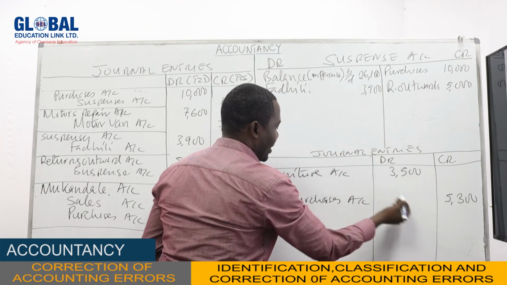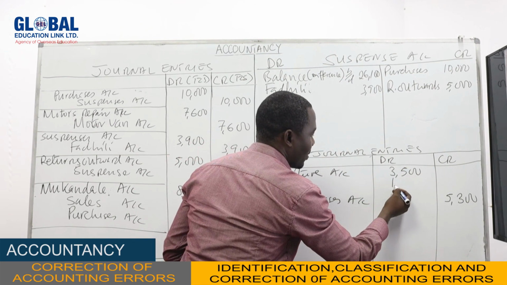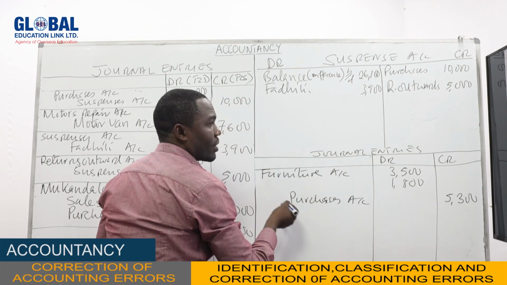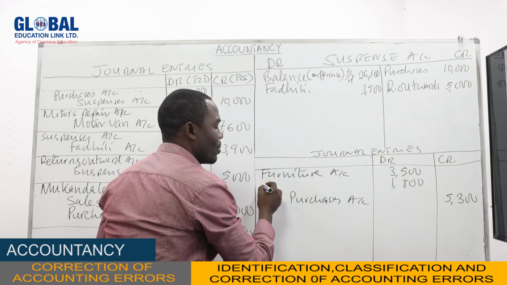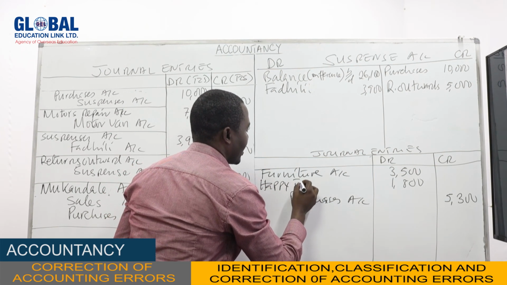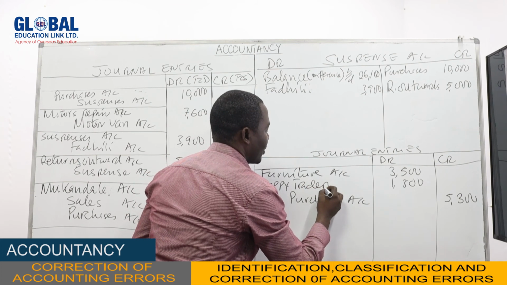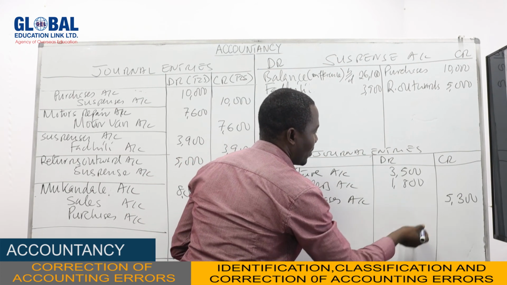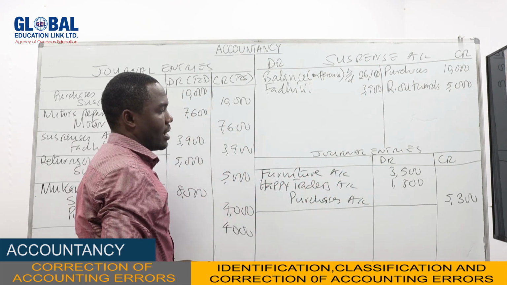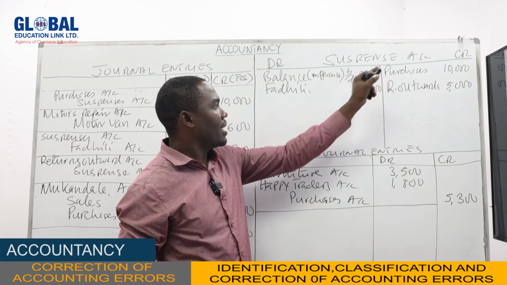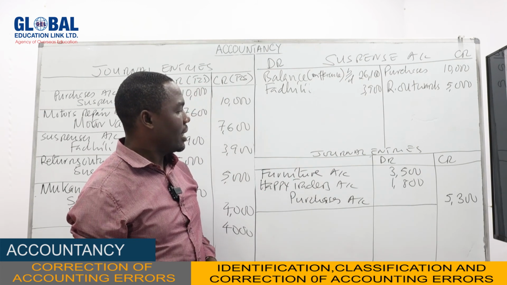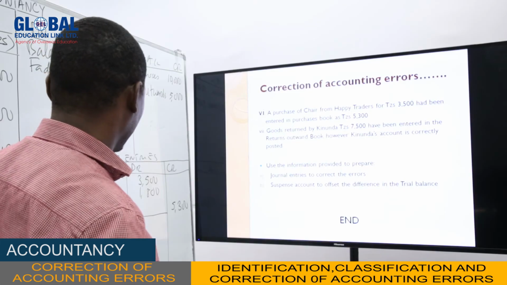So the difference now goes, as I said, 1,800, to reduce the indebtedness to Happy Traders account. Then you will have corrected your error. So this error also does not affect our trial balance agreement, hence does not involve suspense.